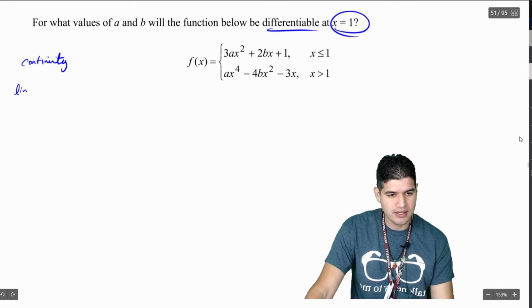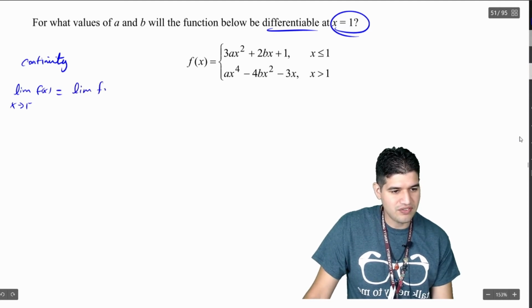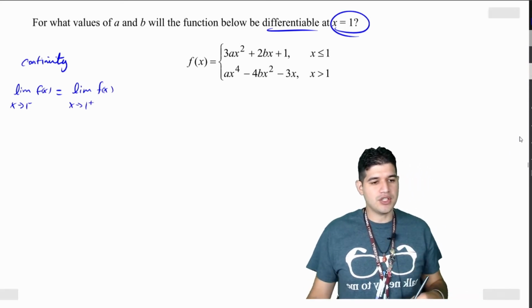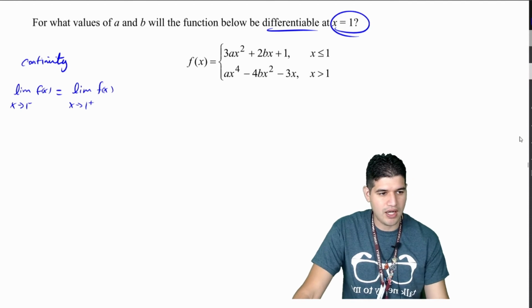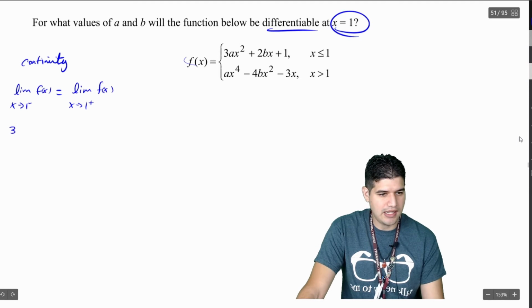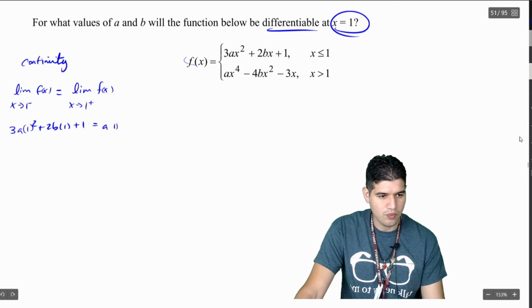So the limit of f of x as x approaches 1 from the left must equal the limit of f of x as x approaches 1 from the right. Okay, so as I write these out from our functions up here for f, I'm going to say 3a times 1 squared plus 2b times 1 plus 1 equals a times 1 to the 4th minus 4b times 1 squared minus 3 times 1.